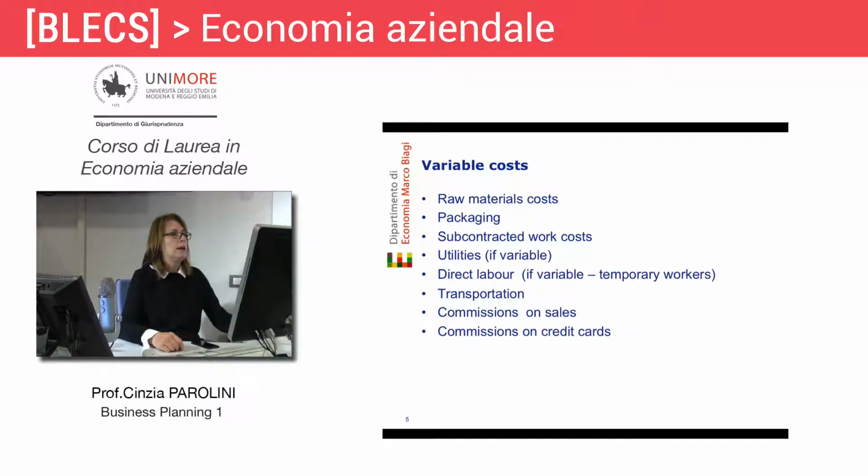If I manufacture some of my components outside my company and I pay on the basis of the number of components manufactured, I have this kind of costs. Then sometimes utilities, for example, for companies with very high energy consumption, the electricity can be a variable cost.